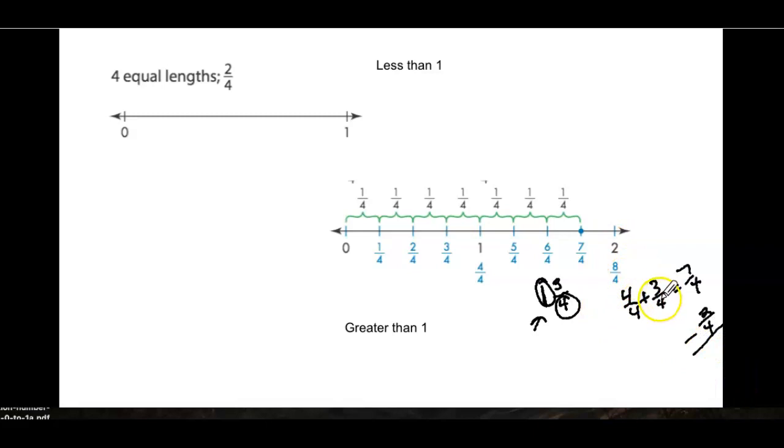Now this is way down the road, but you're going to see this at some point in 4th and 5th grade where they have to rename a mixed number and create that improper fraction, or it's also been called a fraction greater than 1. So that's going to be something they're going to need to know how to do.